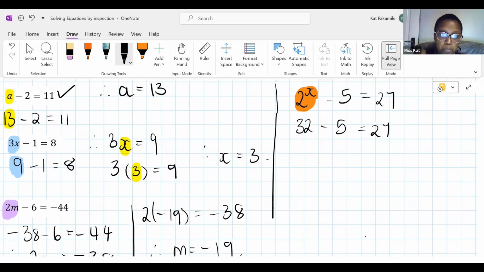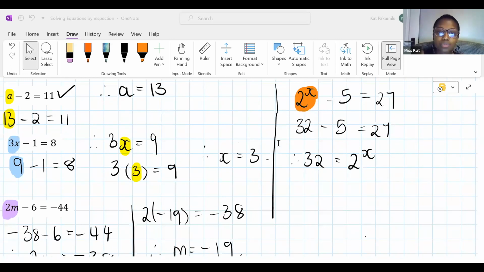Yes, so therefore, 32 is equal to 2 to the power of x. Now what? Who has an idea of how we get here? Now we're doing the same thing. 2 to the power of what will give you 32?